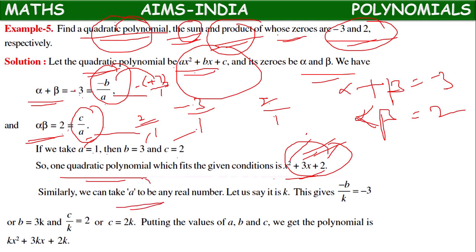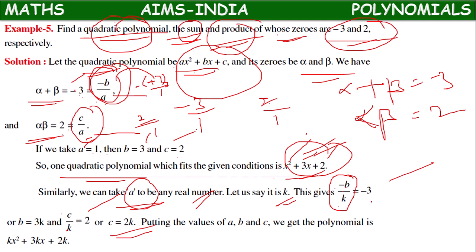Suppose a is not 1, if a is any real number, let's take it as k. Then in the place of minus b by a, we can keep minus b by k equal to minus 3, and c by k equals to 2.